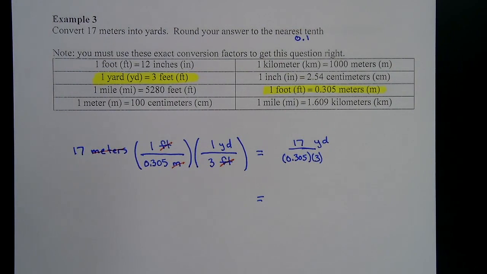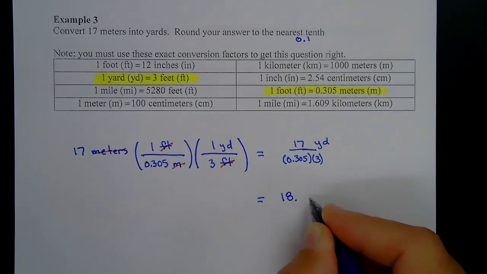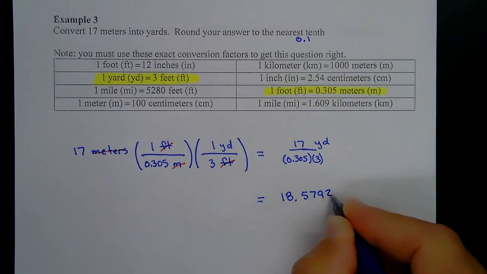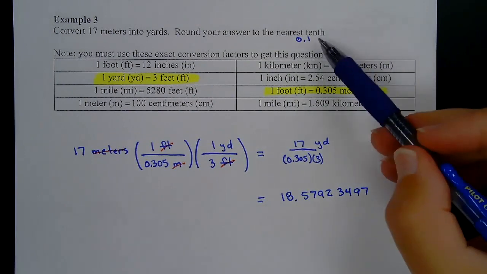I need to put that. Okay, and I get 18.57923497. I want to round to the nearest tenth.